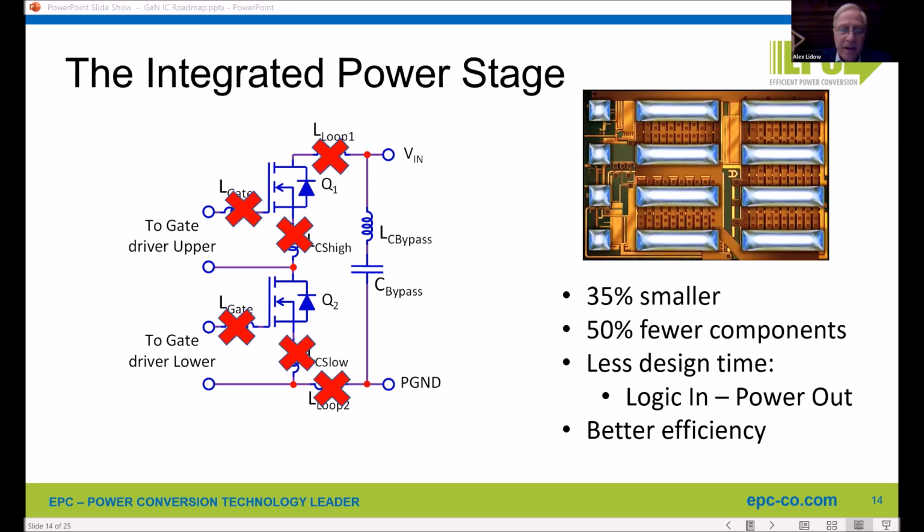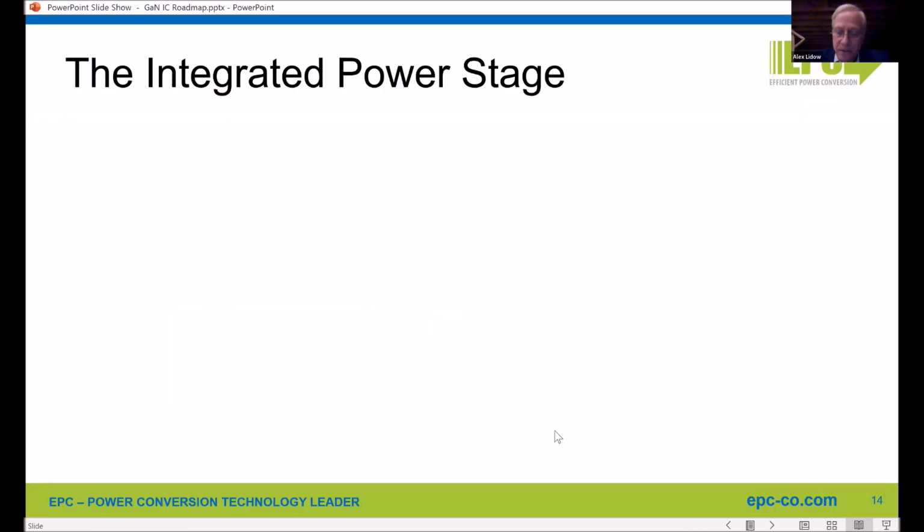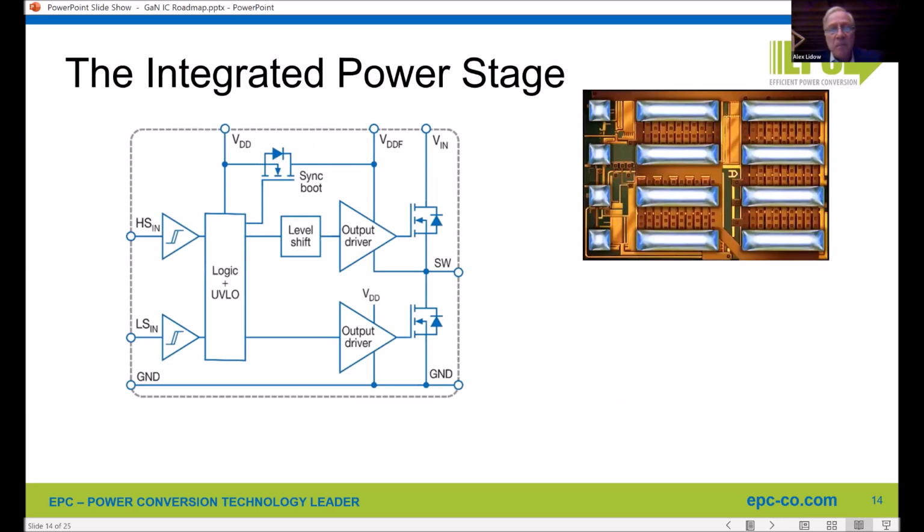This is just a monolithic power stage, and the block diagram of that chip looks a whole lot less complicated. I think that's a good level of integration. Putting in a digital controller or even precision analog feedback is a little bit beyond the technology right now. I agree on that, Alex.